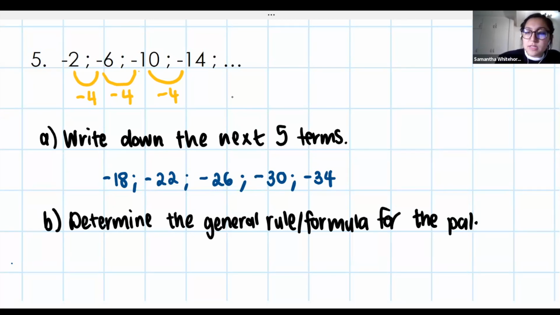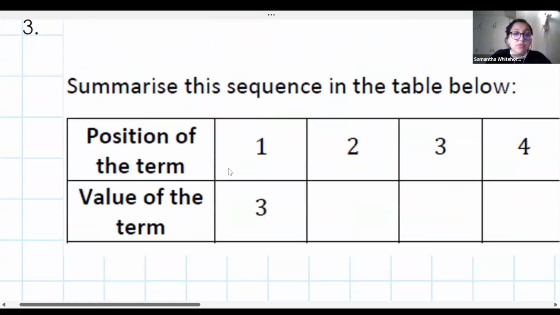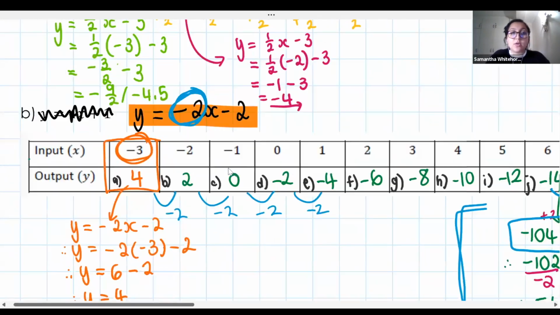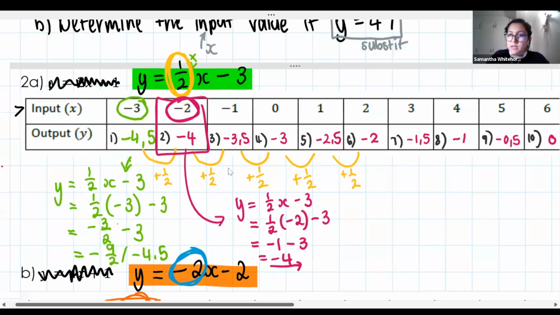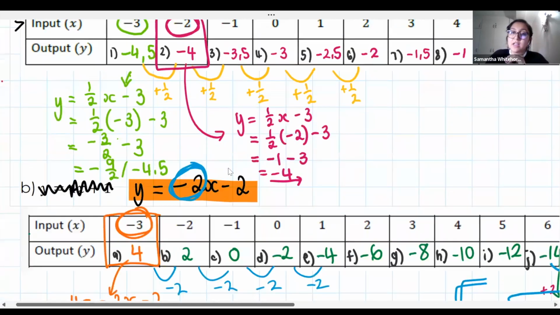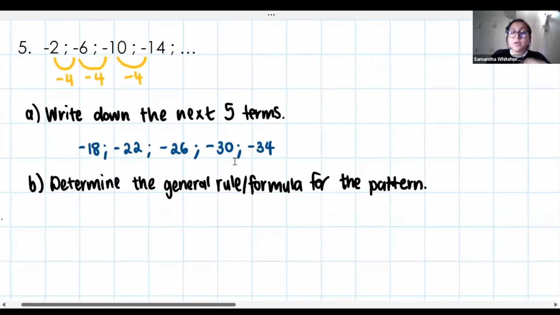You can either use TN or you can use X and Y. For this example, I really don't mind what you choose to use. I will do both so that you can see, but you can use TN equals or you can use Y equals. So I want you to try and work out the general rule for this pattern. Now remember, general rule looks like what we had going here. Y equals minus 2x minus 2. Y equals a half x minus 3. It is some equation that gives us or allows us to work out any term in our sequence. So I want you to try that for me.